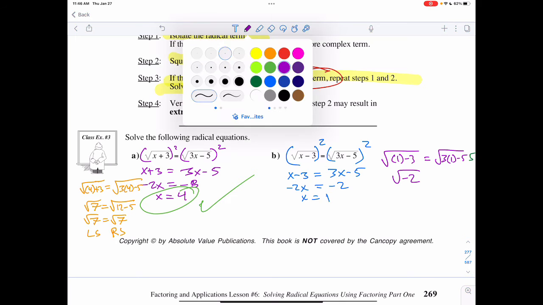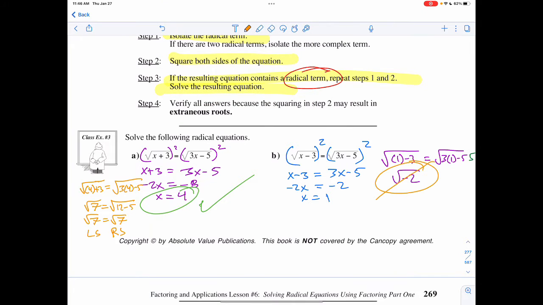And at this point, that's not a real number, which means that that can't possibly be true. It exists outside of our restrictions where x would have to be greater than 3.